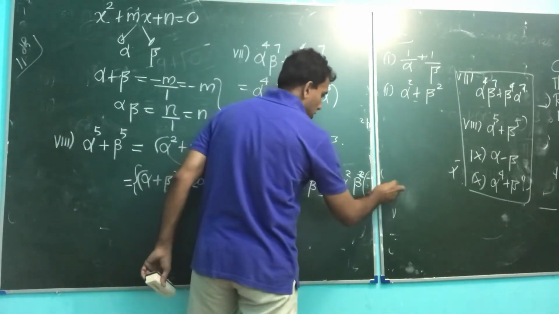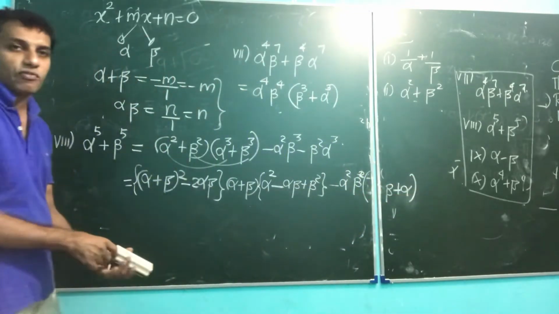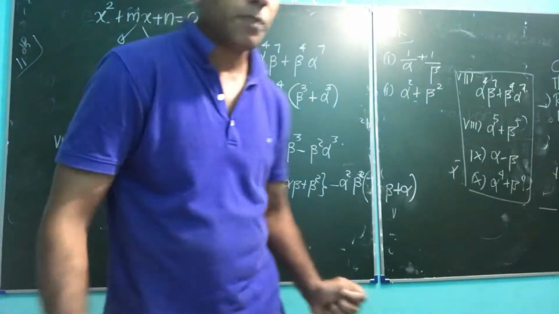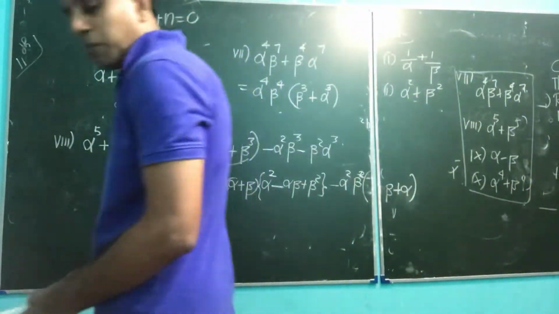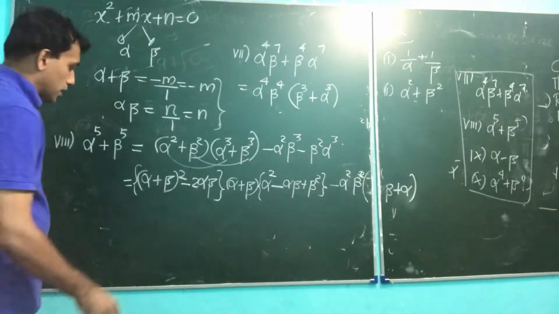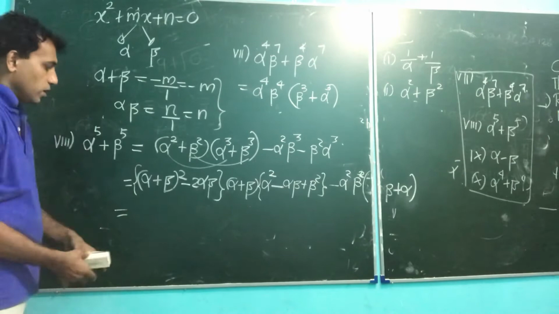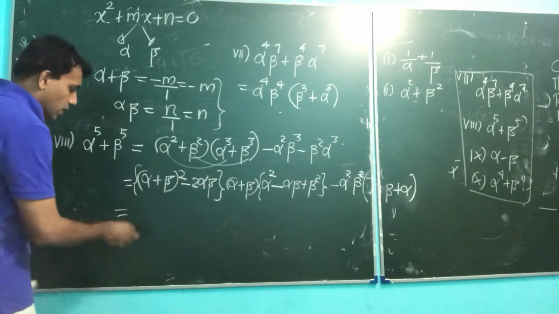Beta plus alpha is the remaining part, right? So therefore, alpha plus beta, again we simplify there.